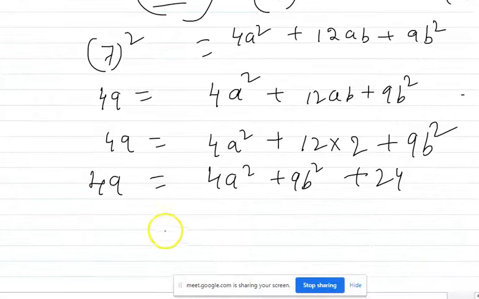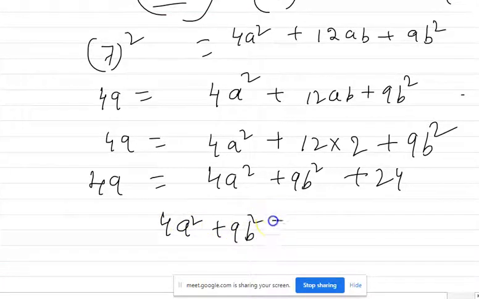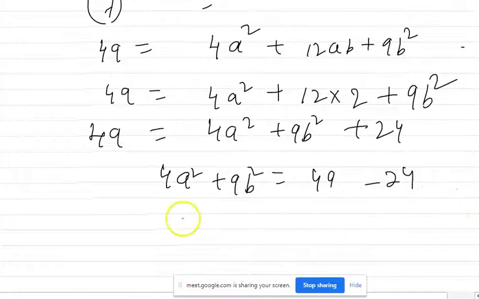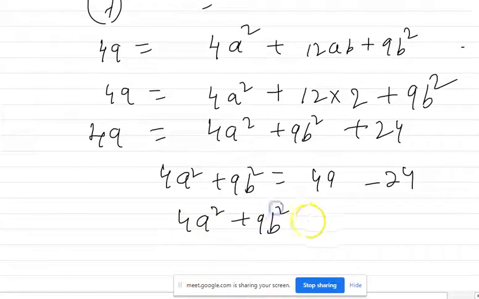So we write 4a square plus 9b square equals 49, plus goes to that side so it becomes minus. So 4a square plus 9b whole square is 49 minus 24, which is how much? 9 minus 4 is 5, 4 minus 2 is 2. So this is the answer.